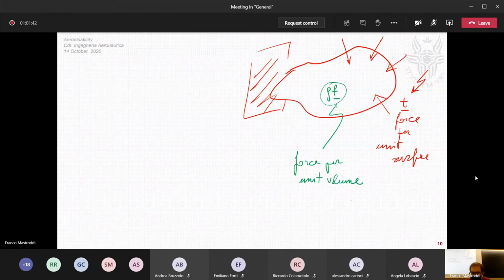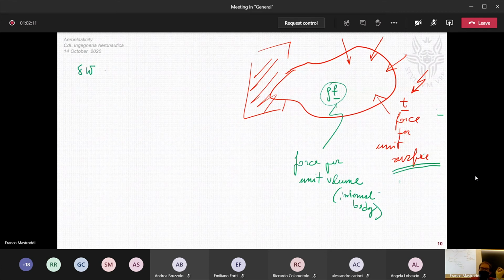So here we have the internal body, and here you have the surface of the body. Now, what about the work W that this kind of force is able to perform for a generic displacement vector?